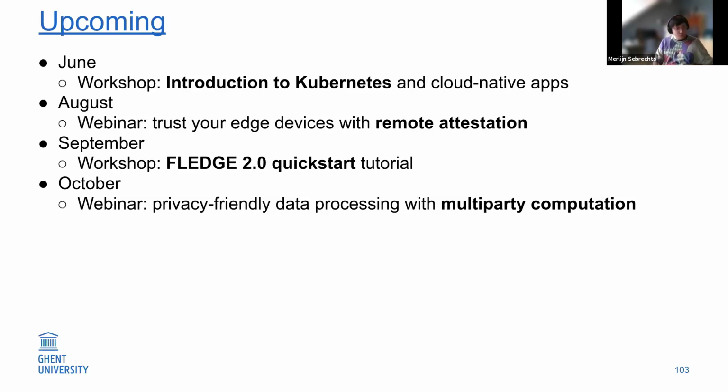And we will also show an integration between this Fletch orchestrator and a remote attestation system, so that you are 100% sure that any device that joins your Kubernetes cluster is a device that is actually running trusted software. Then finally, in October, we will have a webinar about privacy-friendly data processing with multi-party computation.